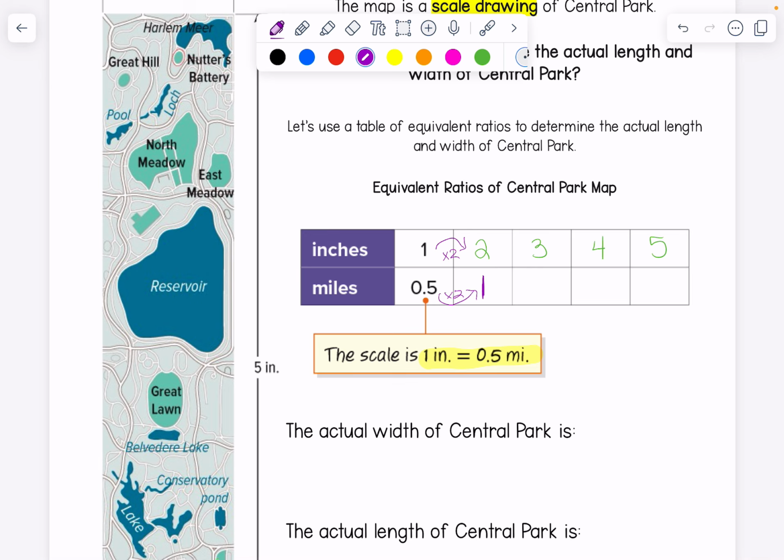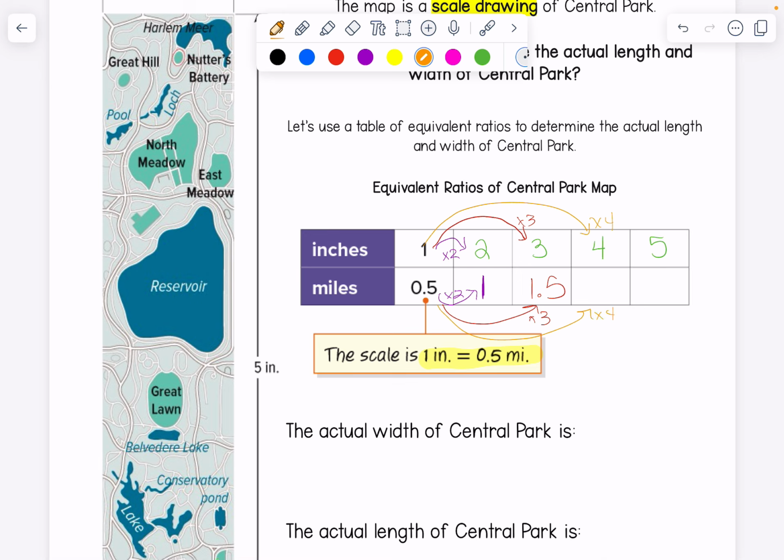So for example, if I go from 1 inch to 3 inches, I'm scaling up by 3. And so I want to scale those miles by 3 as well. So 0.5 times 3 would give me 1.5. Then I notice I'm scaling up by 4. So if my inches are scaled up by 4, I want to scale my miles up by 4.